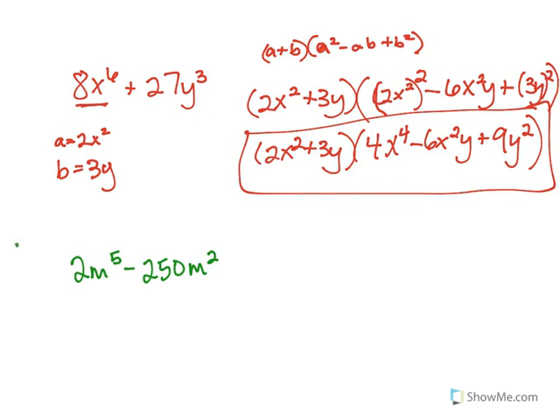So if I look at this next problem, I say, okay, is there a GCF? Yes, what can come out of both of these? They're both even, and they have two m's that can come out. So I'm left with m cubed minus 125.